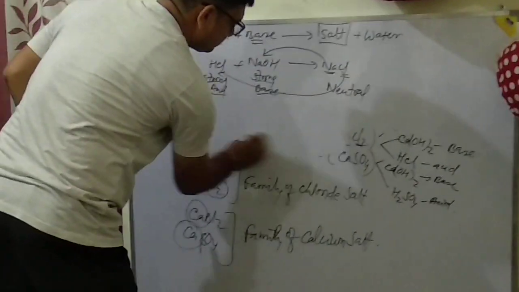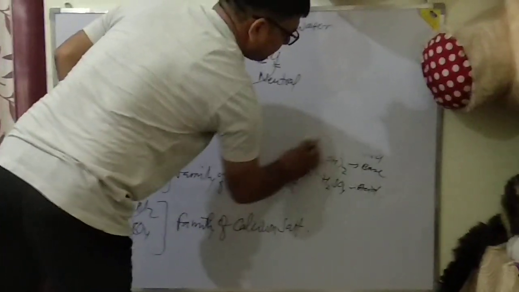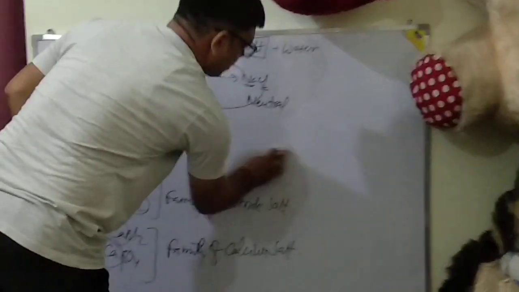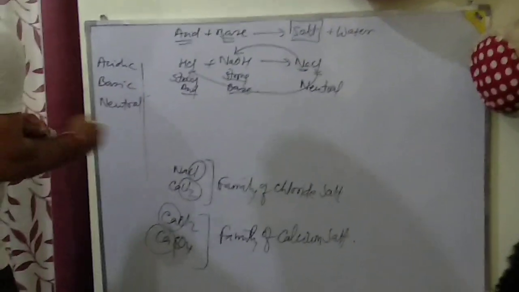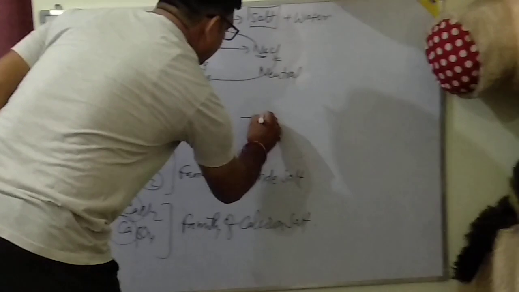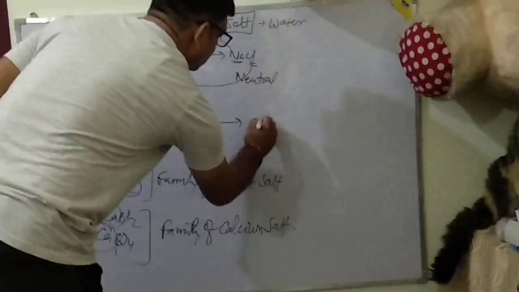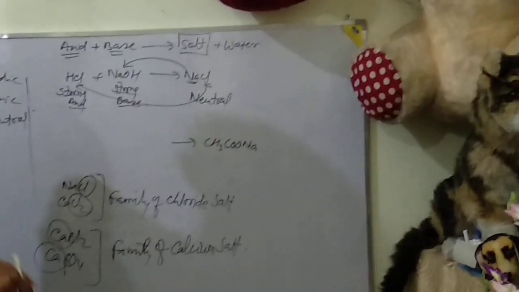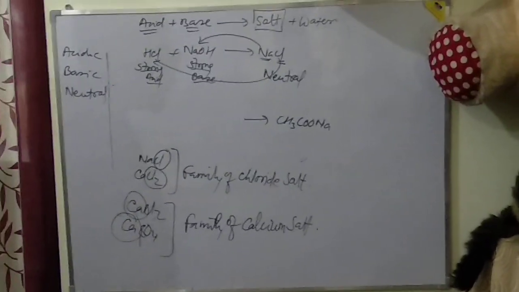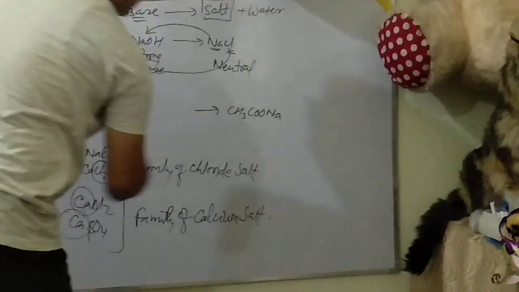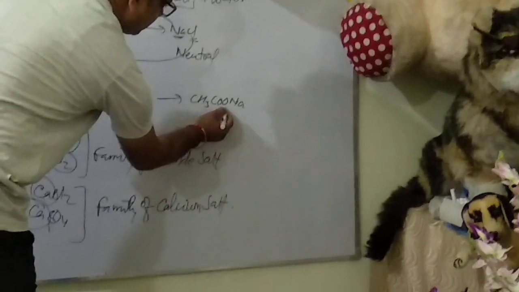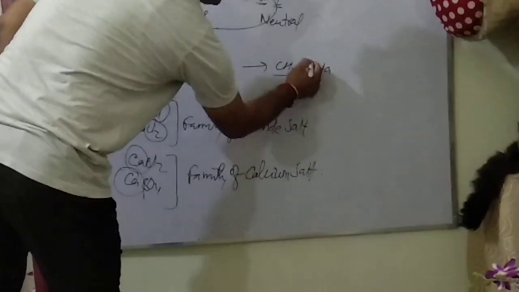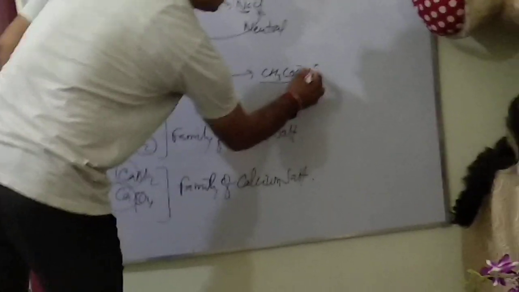In the same way, if we take an example of a salt, CH3COONa, sodium acetate. Now we know that this is a negative ion, this is a positive ion.